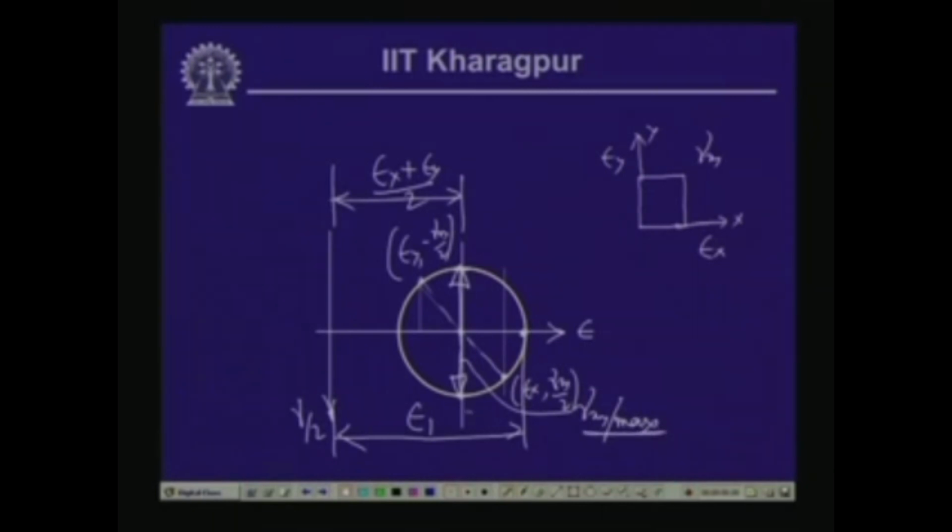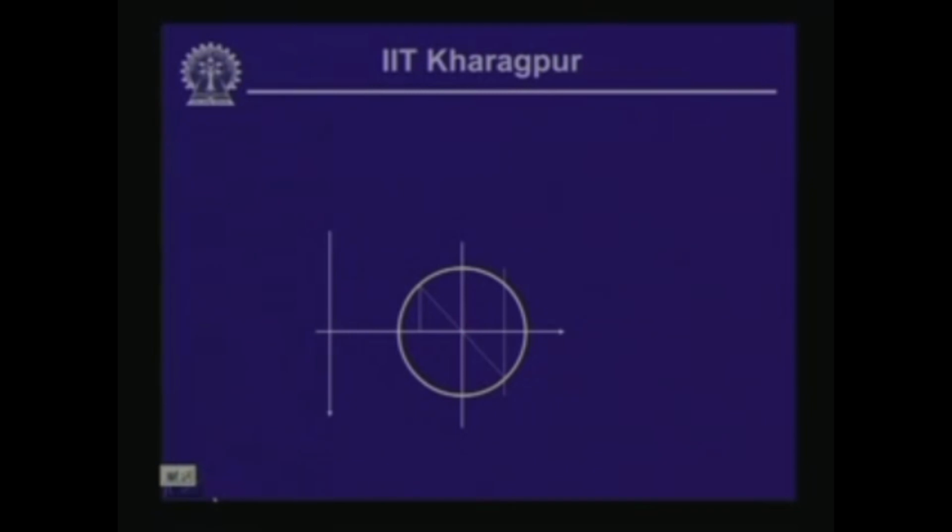Now, the point where the shear strain is maximum, the corresponding normal strain is equal to this, and this normal strain is equal to epsilon x plus epsilon y by 2. So, along the axis where the shear strain is maximum, the corresponding normal strain is epsilon x plus epsilon y by 2. So, this answers the first two questions.